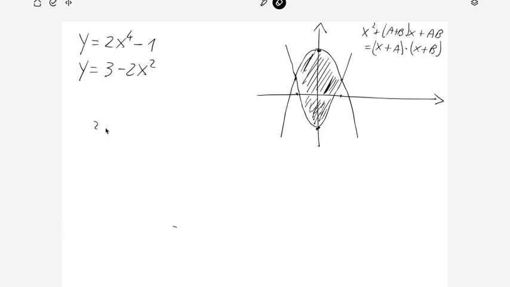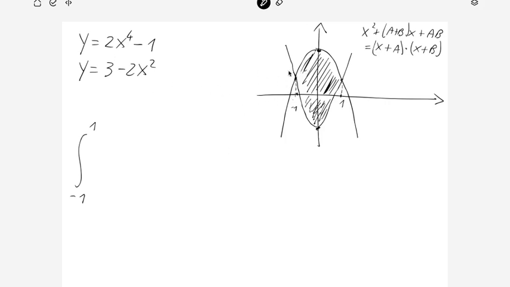Well, in order to compute the area, we need to compute the integral of the difference of the functions. So, the integral is between minus 1, this point, and 1, this point. And we have to write the difference of the two functions.